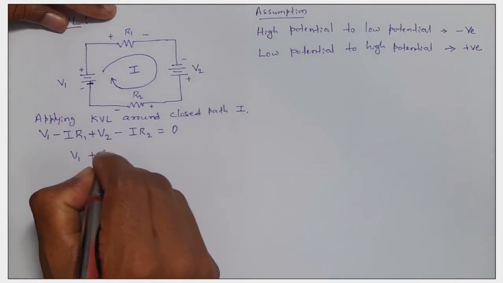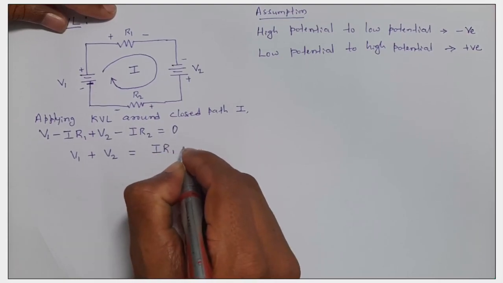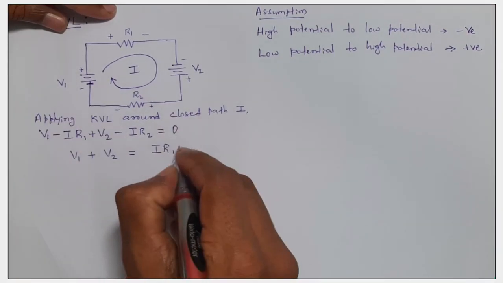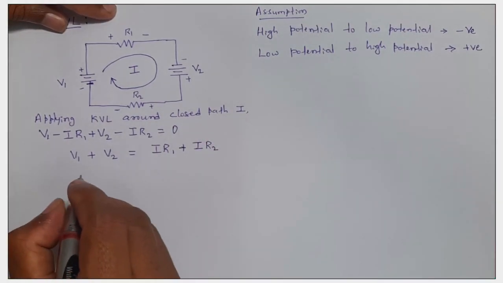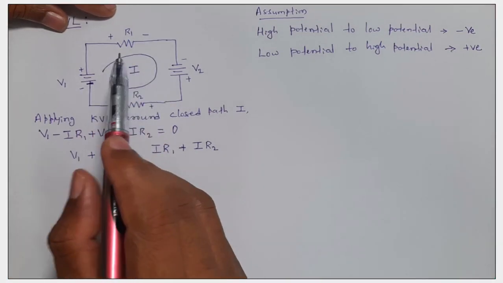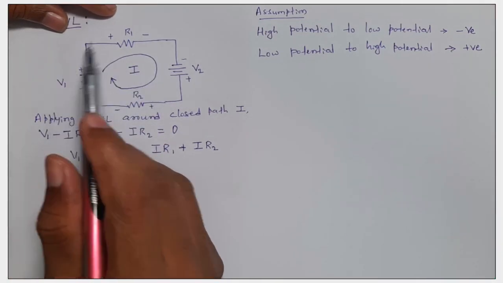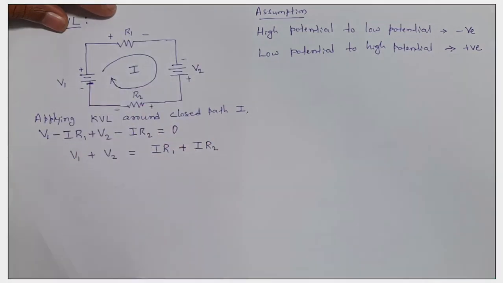Now here, V1 plus V2 is equal to I into R1 plus I into R2. And see, dear students, when a network is given, we will know all the voltages, which means the values of the voltage sources and the resistors.